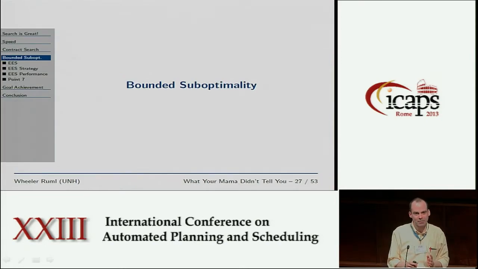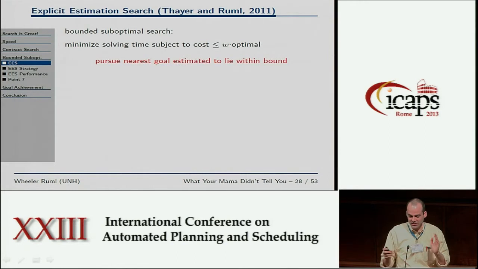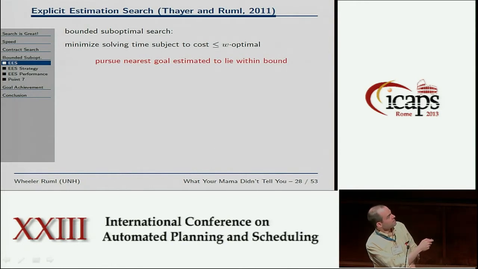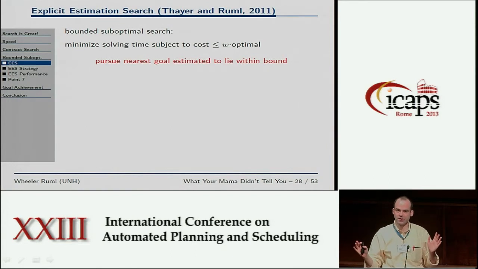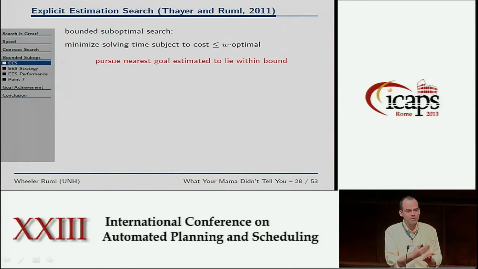This is bounded suboptimality, and in this setting, we're supposed to minimize solving time subject to the constraint that the solution I return to you is going to have a cost within a factor W of the optimal solution. So the suboptimality of our solution is going to be bounded. It's going to be W suboptimal.